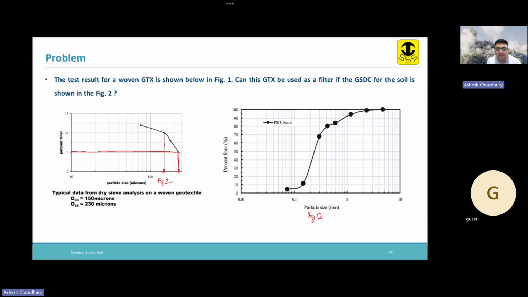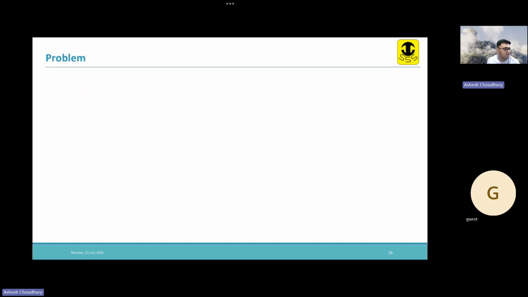Now, to answer this question, can this geotextile be used as a filter, we need to know certain filter criteria. So write it down. The two criteria are to prevent piping and to ensure permeability, without adequate permeability.